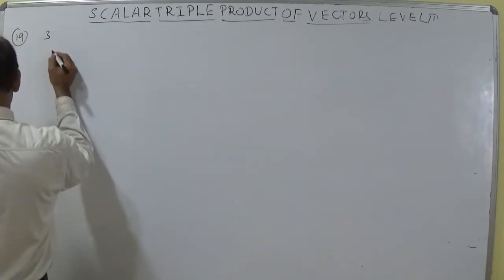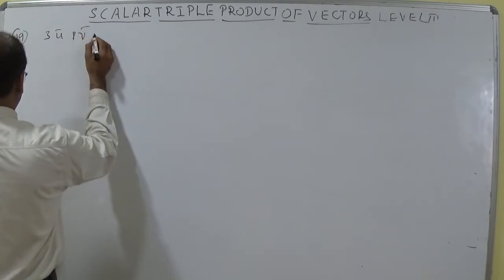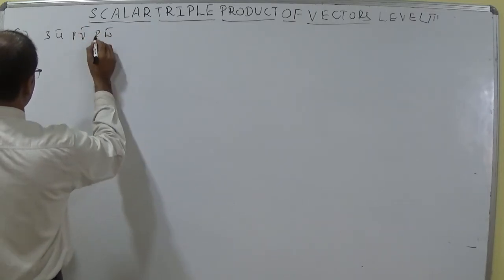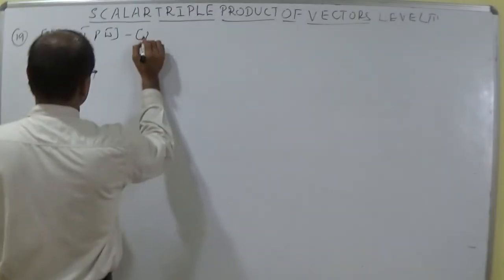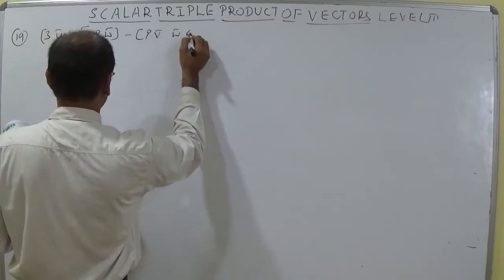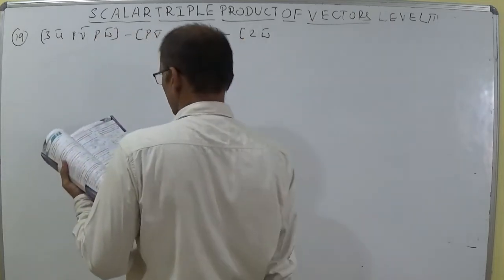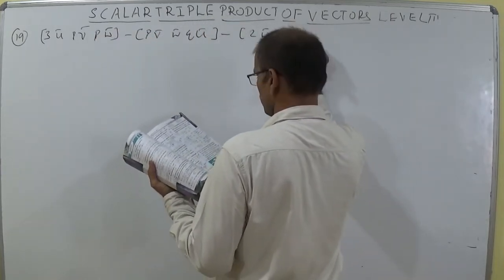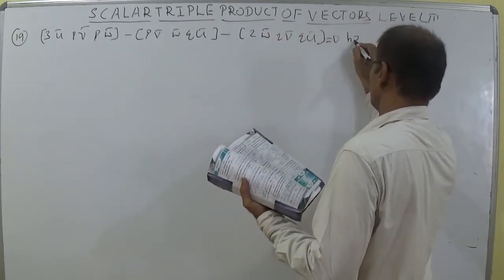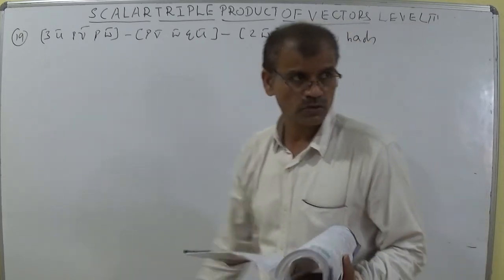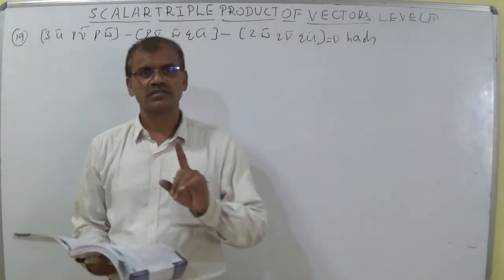Then the equality [3U bar, PV bar, PW bar] box minus [PV bar, W bar, QU bar] minus 2[W bar, QV bar, QU bar] equal to 0 holds according to which option? This is the last sum I am discussing.